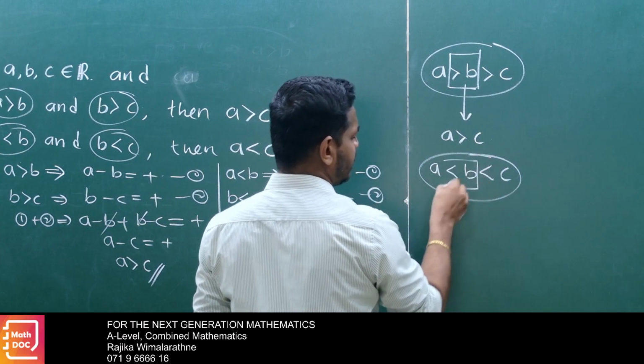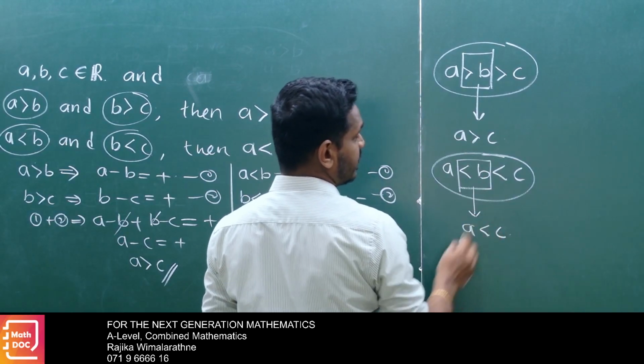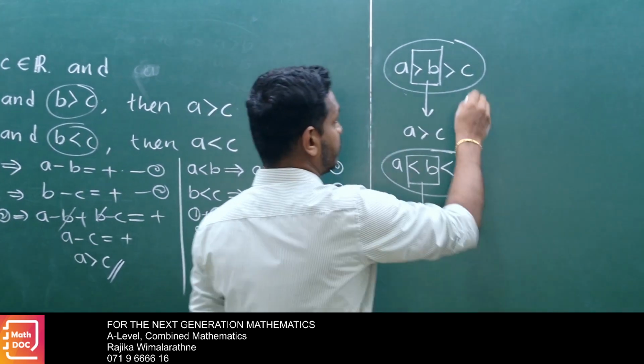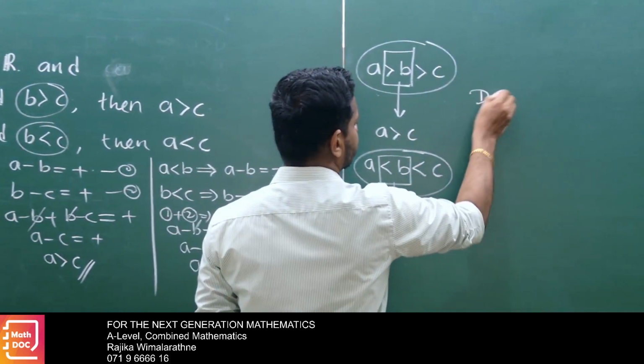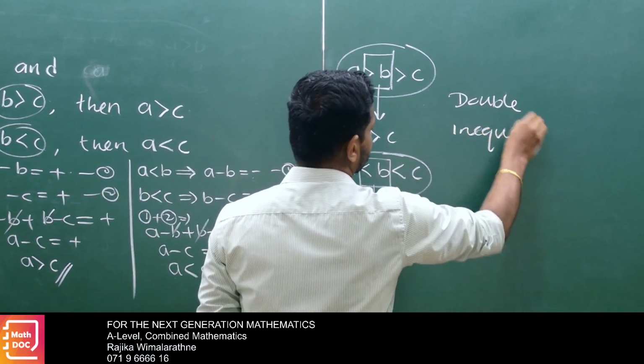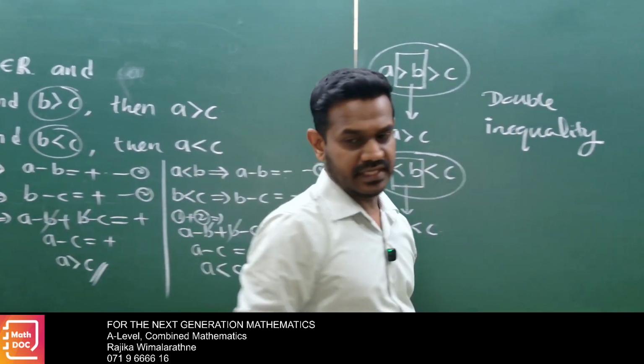You can remove the middle one. Then finally A less than C. Likewise we can directly write. This is a double inequality combination, just note it.